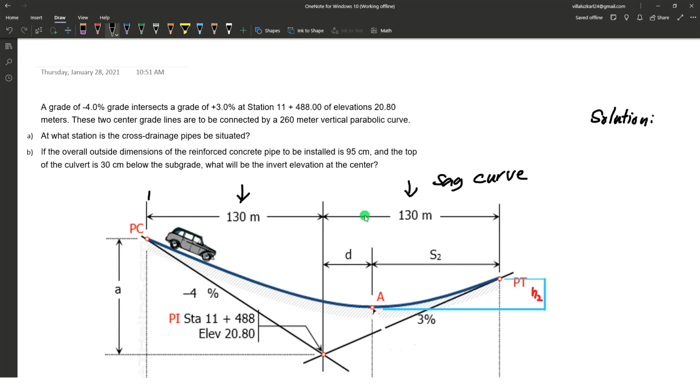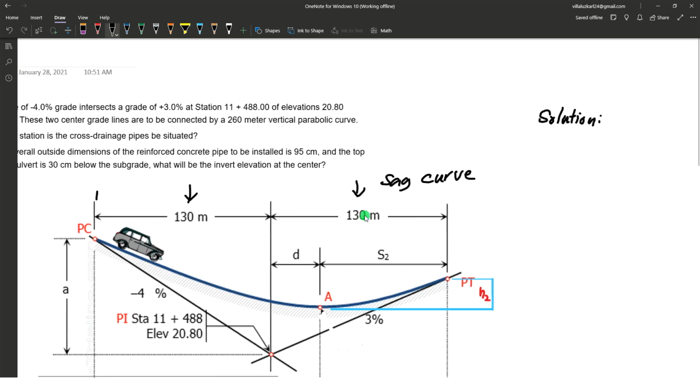In locating the best location for the cross drainage pipe, the best location is the lowest point on the sag curve, because that's where the water will go, the lowest point along the curve.